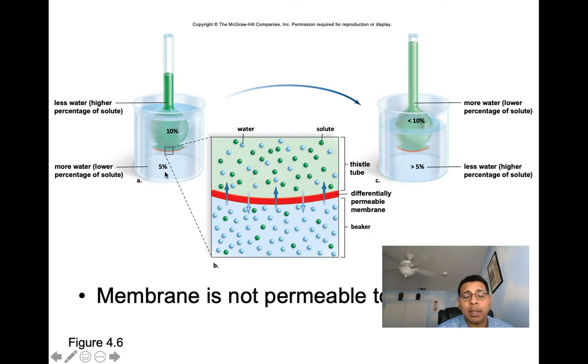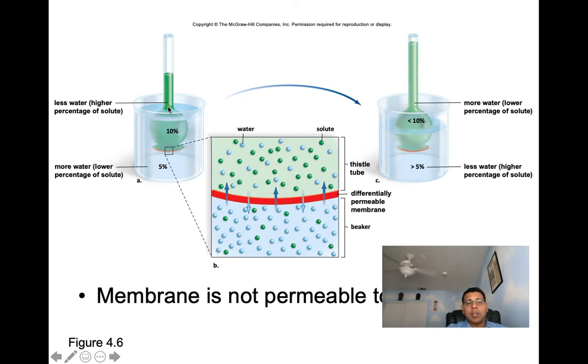It's only 5%. So where do we have more solute and solvent concentration? In this tube, we have a higher solute to water concentration versus in the beaker. So we're comparing those two environments. Here, the tube containing this 10% solute concentration is covered at this end by a selectively permeable membrane.